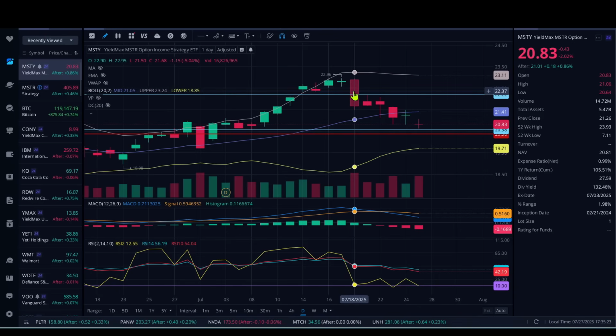Now, I would not have been automatically assigned. It would have waited until closing, and it closed at $21.68. So I would have had to purchase those shares at $22 because it closed that day at $21.68, which is below the 22, and therefore I would have had to own those shares at $22 each.